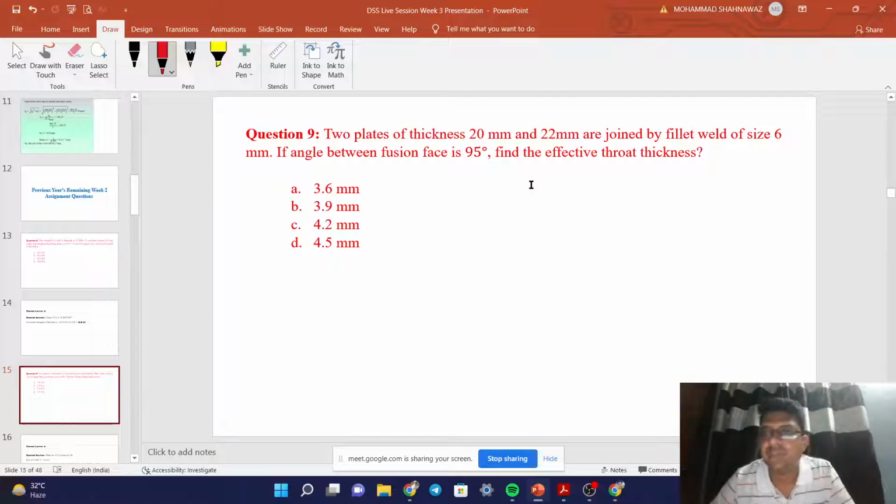The value of k will depend on the angle between the fusion faces. So you have to go through the IS code book and check the value of k for the 95-degree case and multiply it by s, the weld size. So please report its answer.